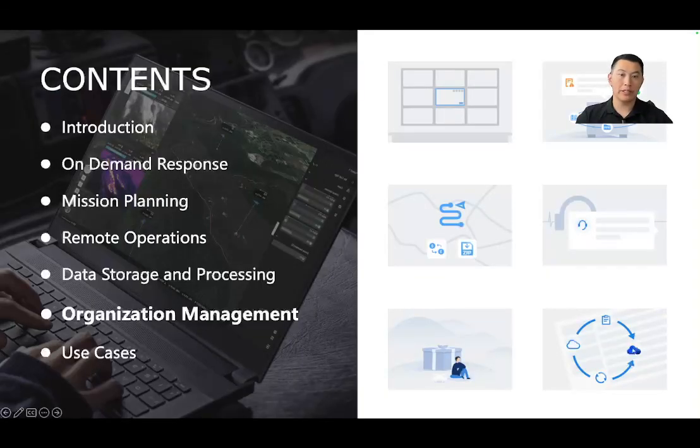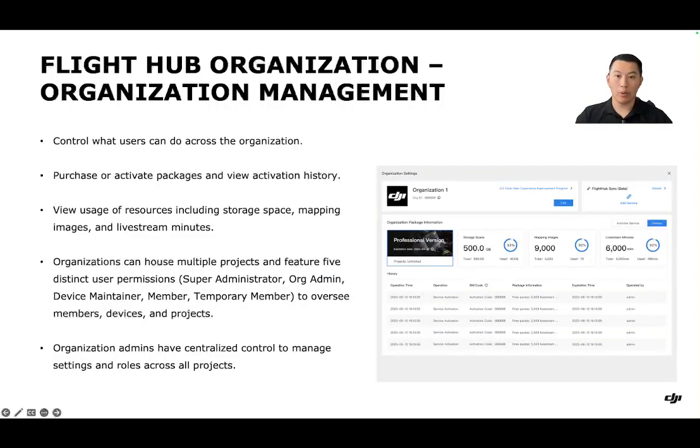Now jumping into FlightHub 2's organizational management. In the organizational settings, admins can control what users can do across the organization. You can purchase and activate any FlightHub 2 packages here, and you can even view your usage of your resources. Organizations can house multiple projects and feature 5 distinct user permissions.